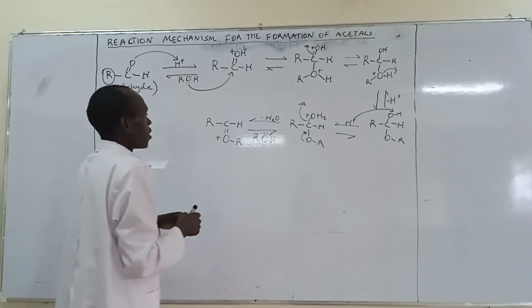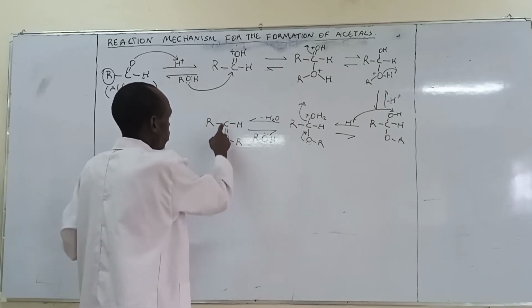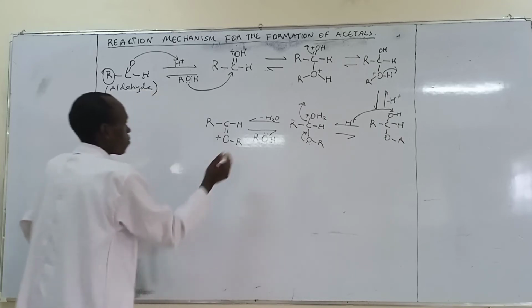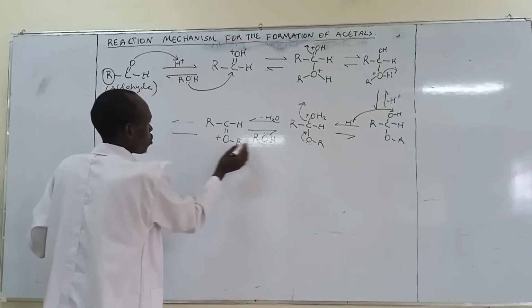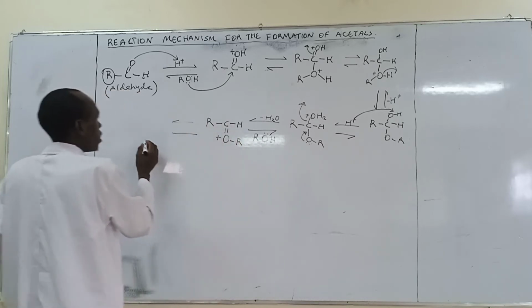Now, this alcohol shall attack this carbon here. So we shall have this, let me write like this. So this oxygen shall attach itself to this carbon, but on the upper side.